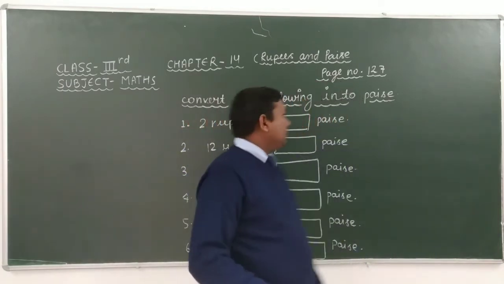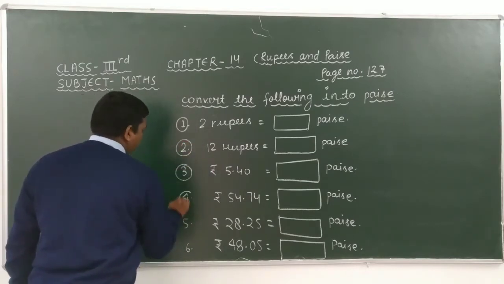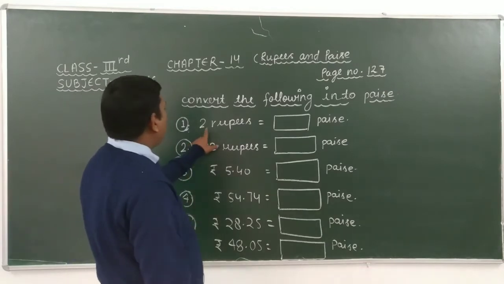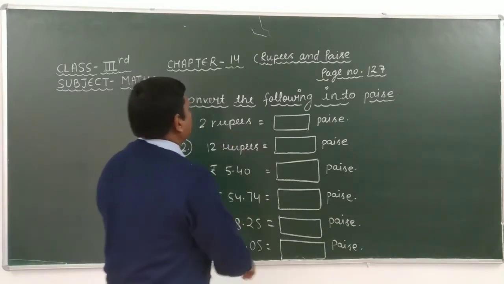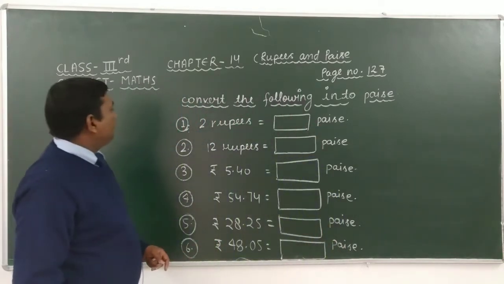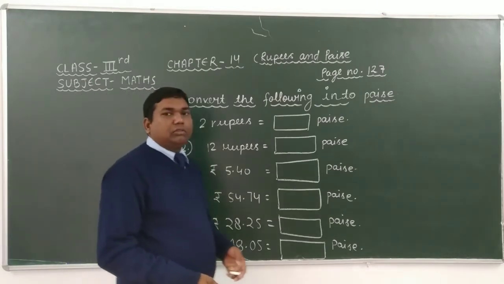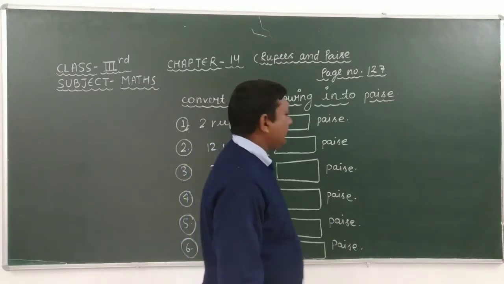Okay, now let's start the solution of question number 1. Here it is given: 2 rupees is equal to how many paise? Dear students, in this question we should find how many paise 2 rupees is by multiplication by 100.